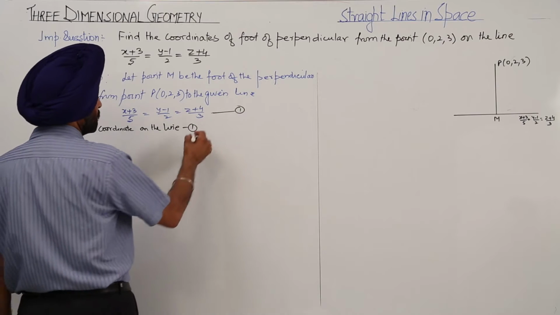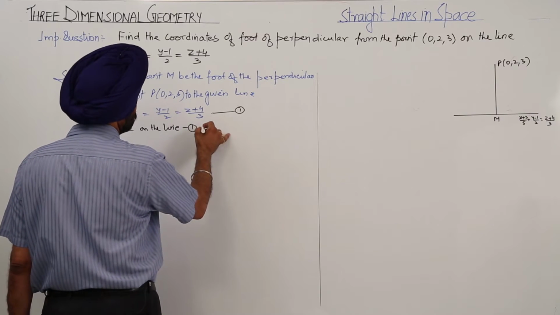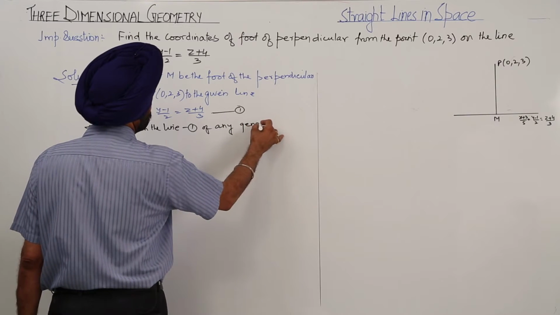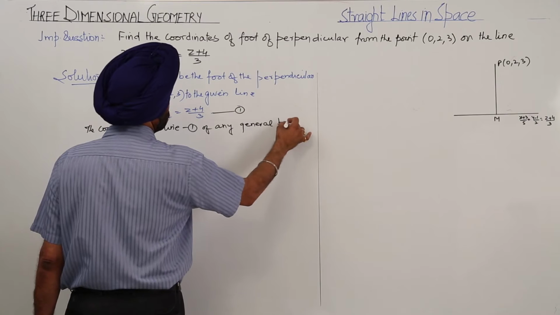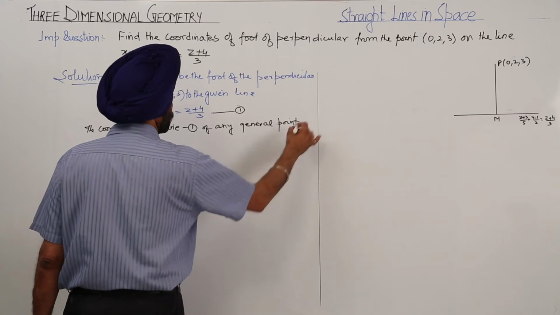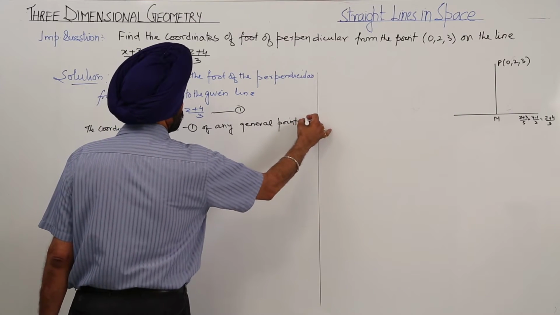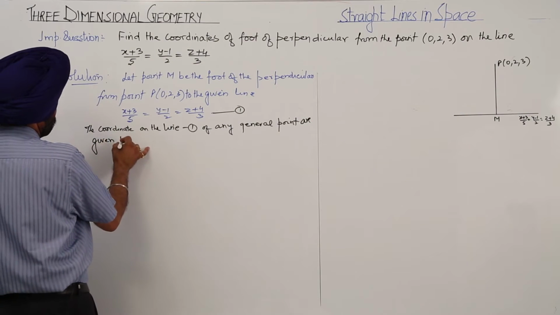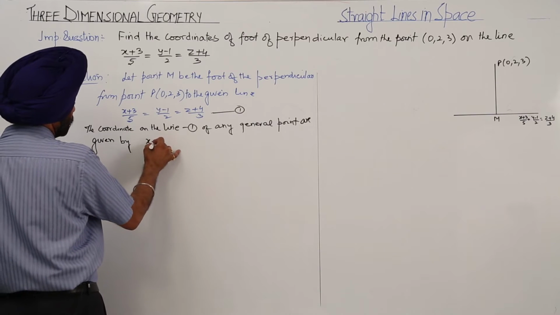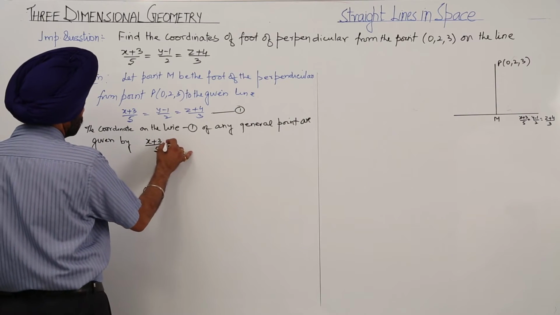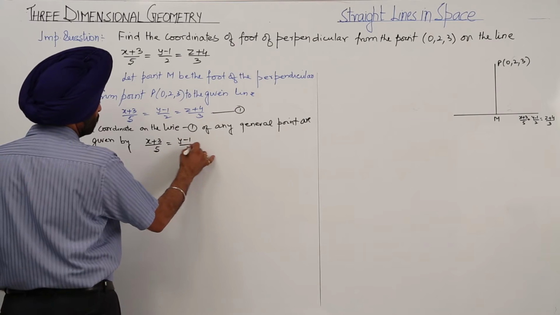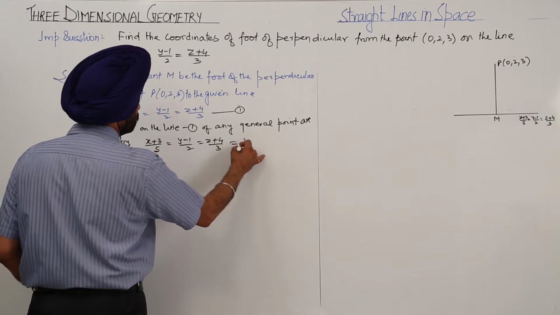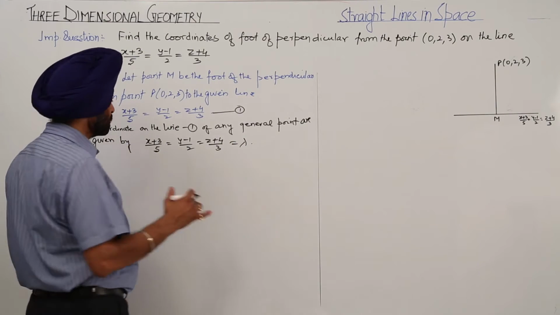The coordinates on line 1 of any general point are given by: (x + 3)/5 = (y − 1)/2 = (z + 4)/3 = lambda for any point on the same line.